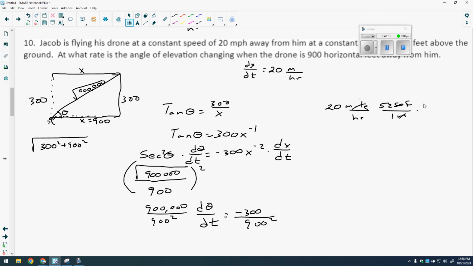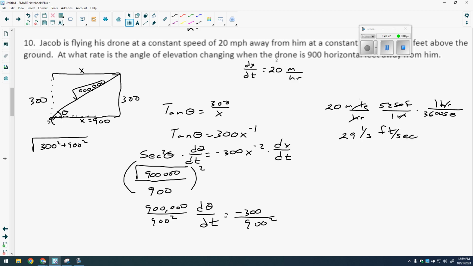And then we have 3,600 seconds in 1 hour. So these go away. And so if I multiply that whole big mess together, I'm going to hit pause and do it real quick. When I multiply that together, I get 29.333333, so 29 1/3 feet per second.